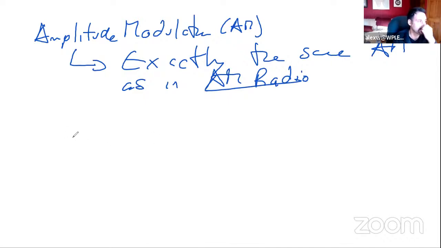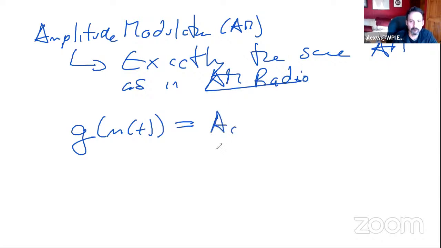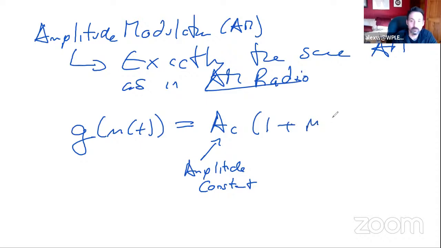But here with AM, let's look at it mathematically. What's our mapping function? g(m(t)) for AM, amplitude modulation, is equal to A_c, some sort of constant, an amplitude constant, times 1 plus your message signal m(t).